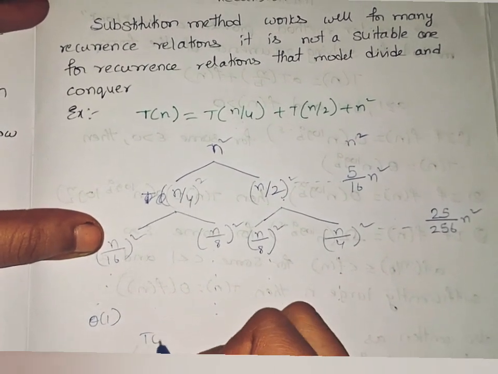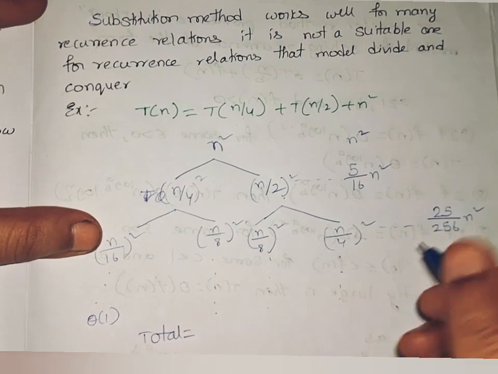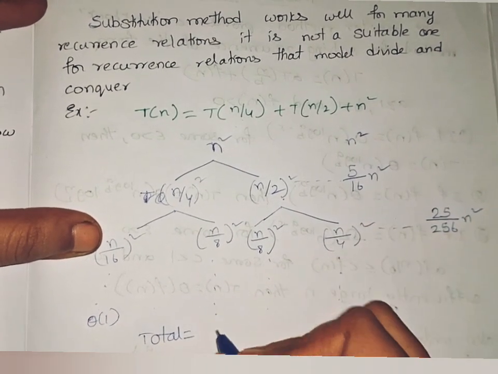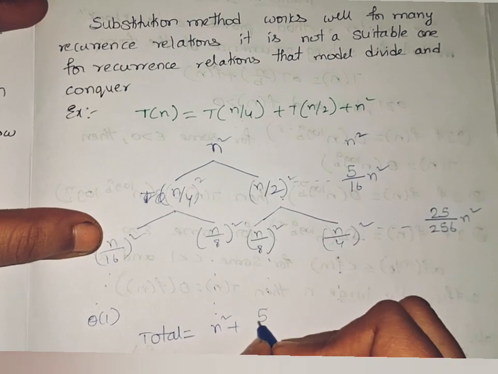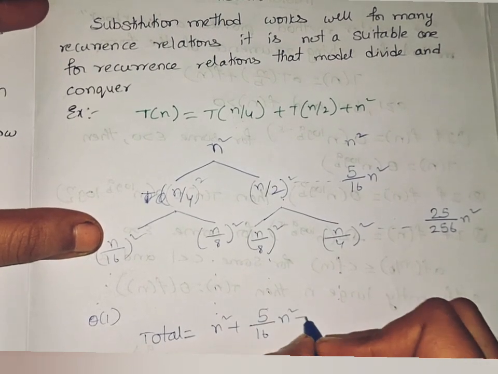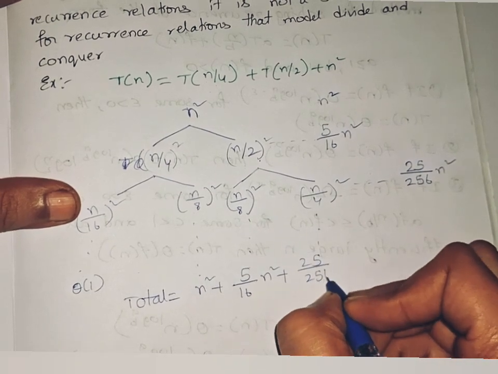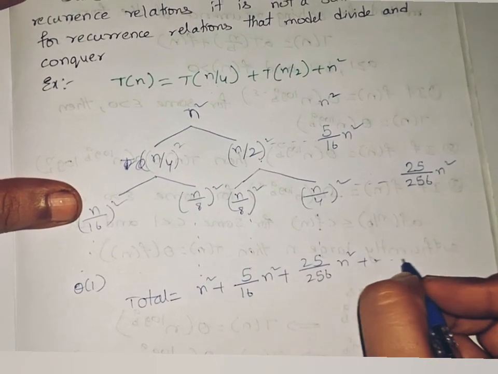If we compute the total cost at each level, the first is n^2 plus 5/16 n^2 plus 25/256 n^2, and so on.